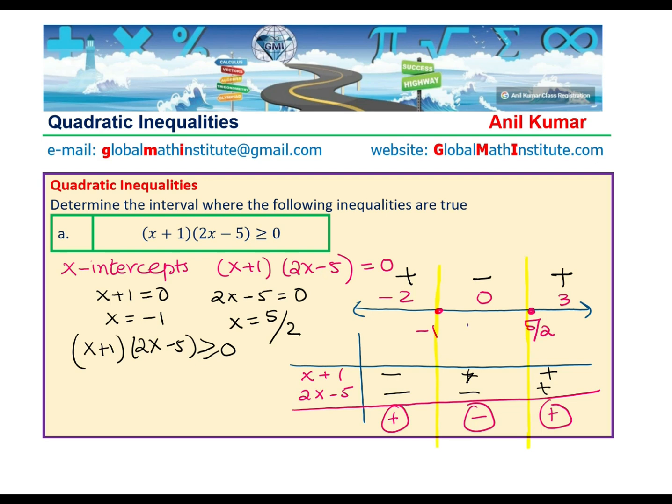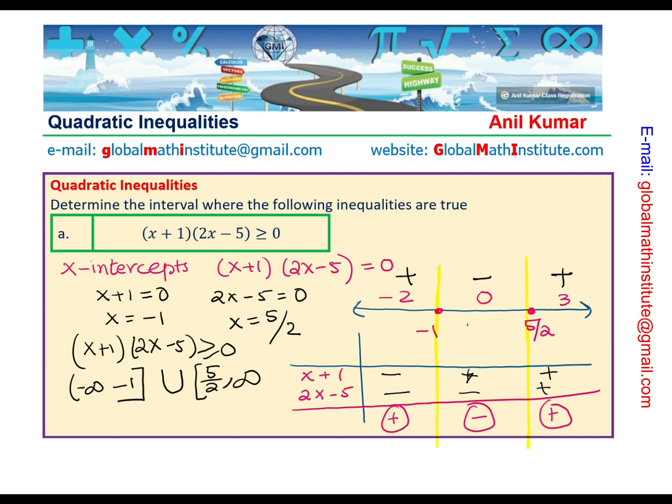So our solution will be from minus infinity to minus 1, where minus 1 is included, union from 5 by 2 to infinity. Infinity is never included. Does that make sense to you, right?